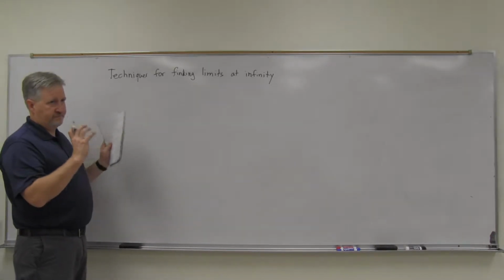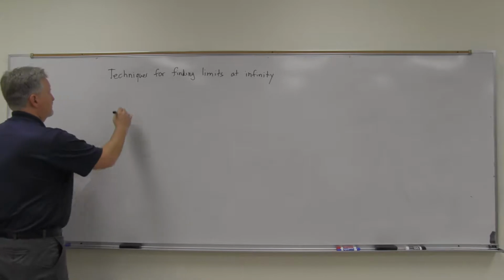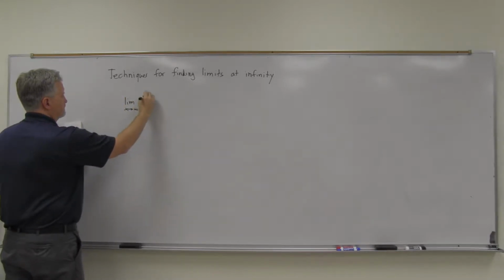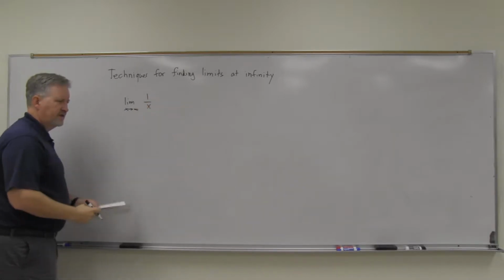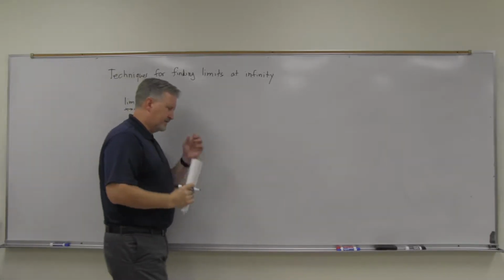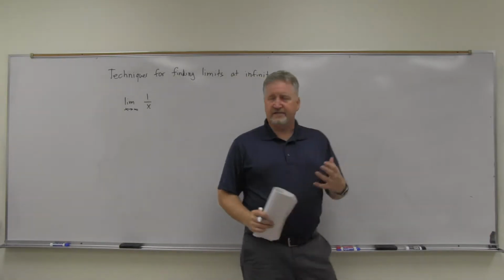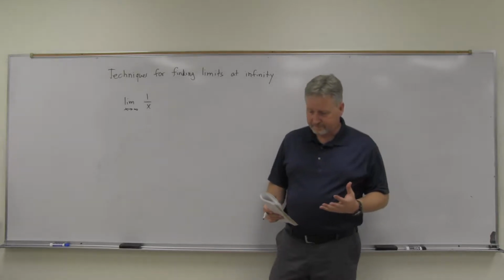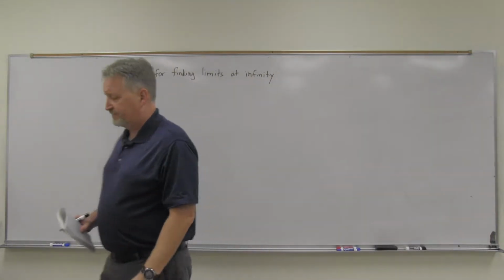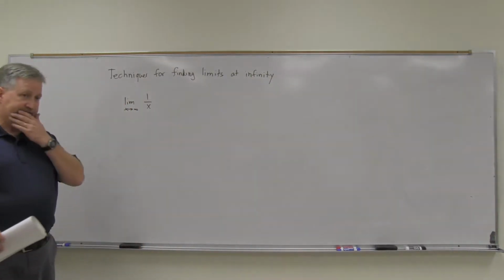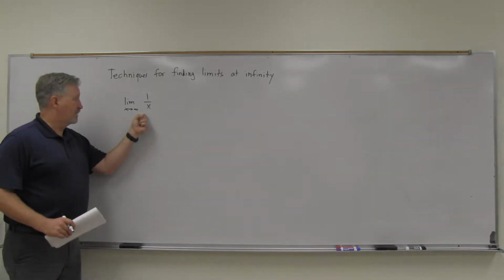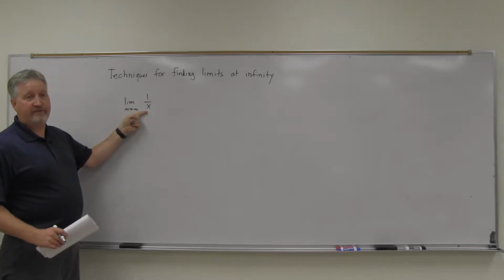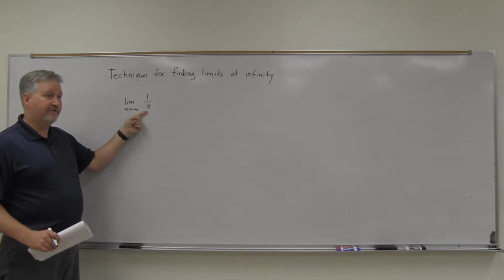Let's just think about some basic functions and the limits as x goes to infinity. I don't think this is a hard thing to understand. If I've got the limit as x goes to infinity of 1 over x, well, one way I can look at it is I've got 1 and I'm dividing it by something that's getting bigger and bigger and bigger.